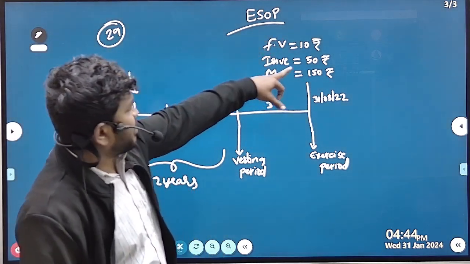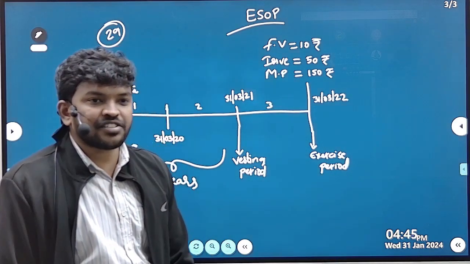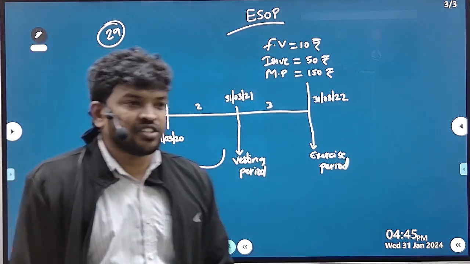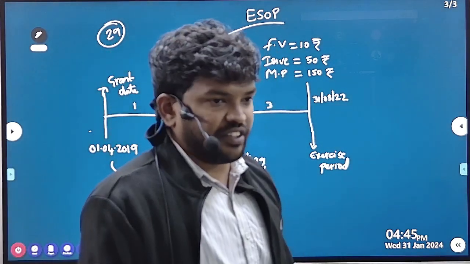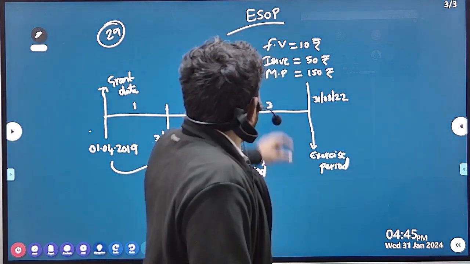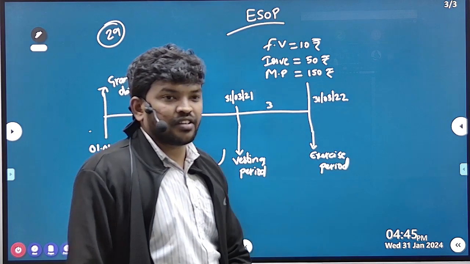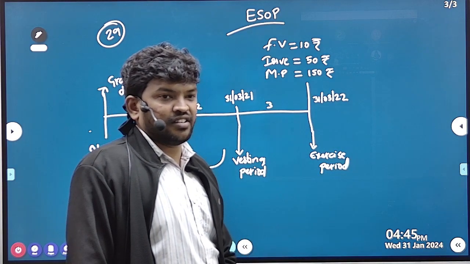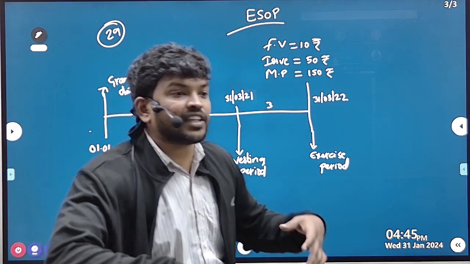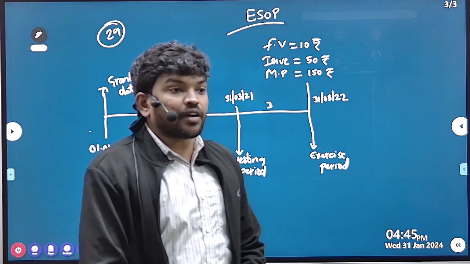What is the issue price? 50, yes or no? What is the issue price? 50. Market price is how much? 150, okay, 150. So the company is indirectly bearing loss of how much rupees? 100 rupees. Sir, how much? Why is the company bearing the loss?